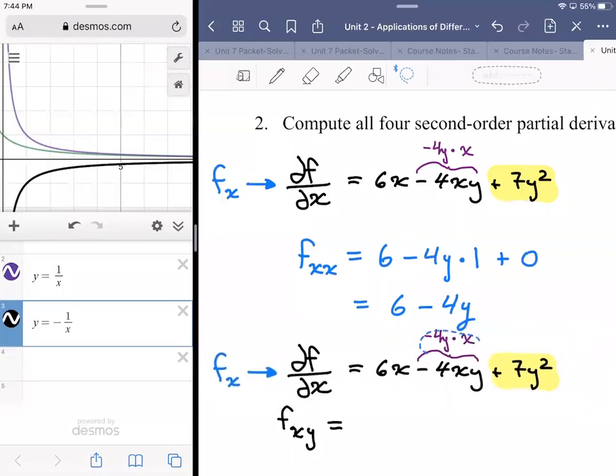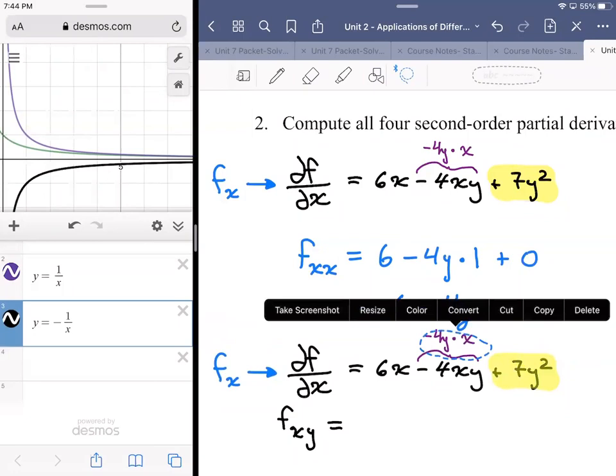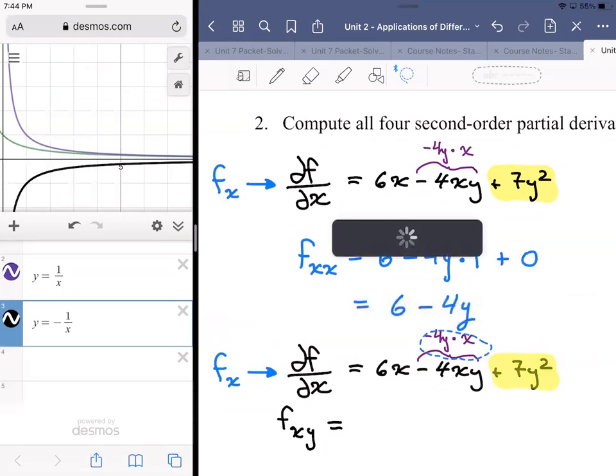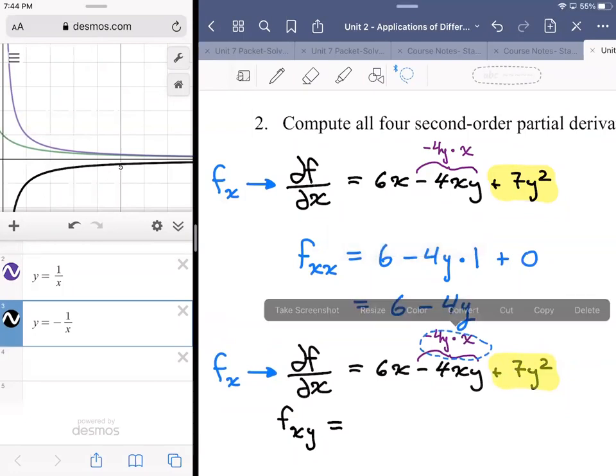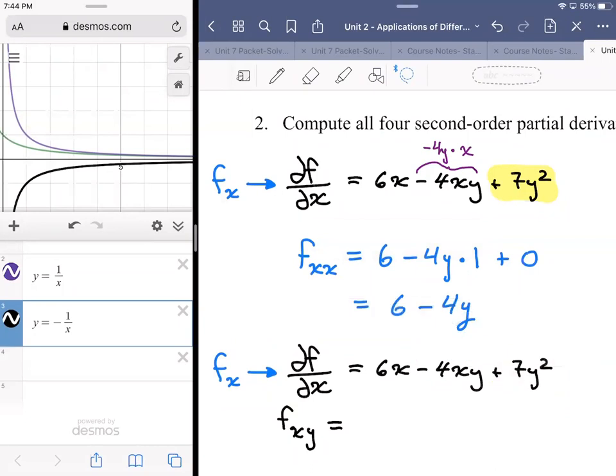All right, so what is considered to be a constant now is x, because y is what I'm differentiating with respect to. So everywhere I have an x, it is either a constant or a constant multiple.